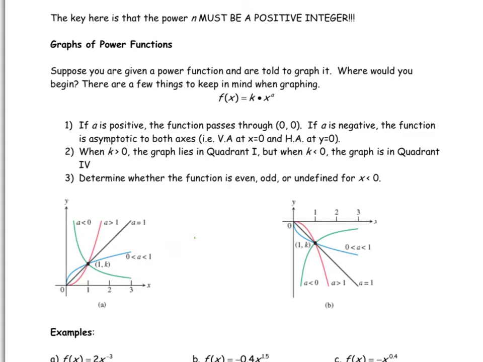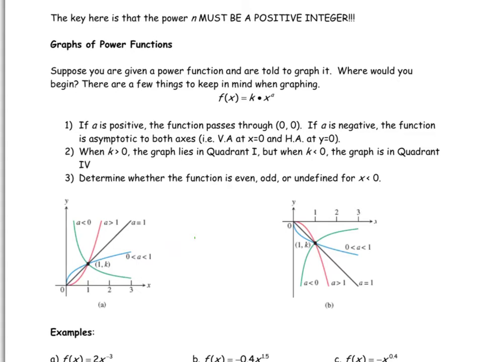Okay, so let me just talk about these same exact graphs I did a minute ago. What's in black is what it looks like when your power is 1. It's going to mimic that of a line. If a is greater than 1, like 2, 3, 4, the right side of this graph looks like that.